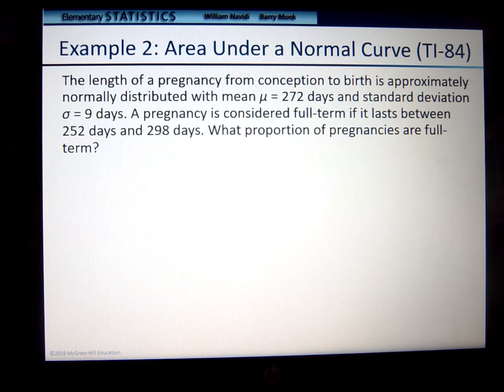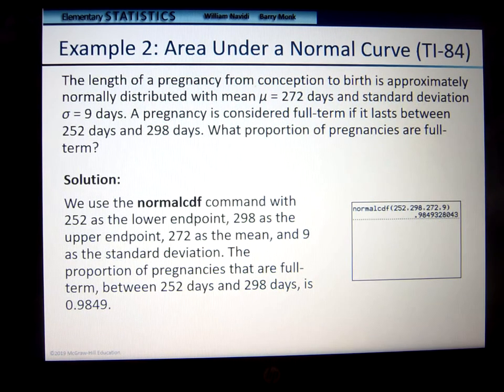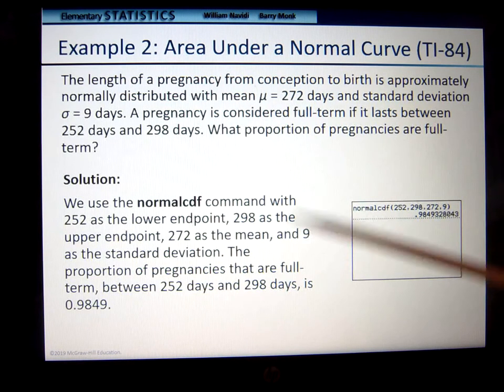Looking at our full-term pregnancy problem where we have the mean of 272, standard deviation of 9. We're looking for between 252 and 298. Okay, so we have our CDF command.